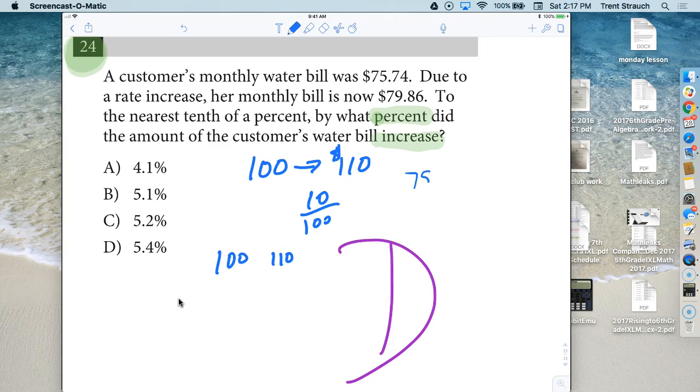We went from 75.74 to 79.86. Agree with that? So the formula is the change divided by the original amount.